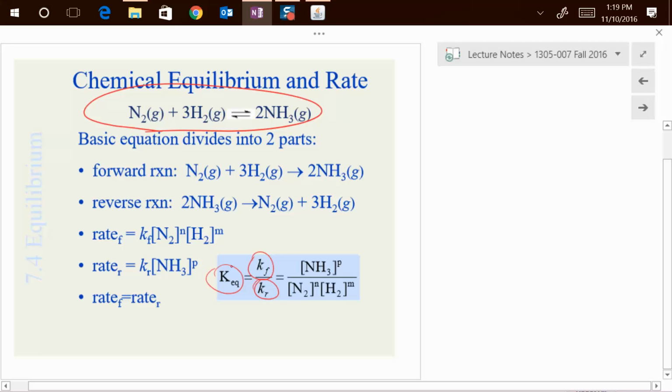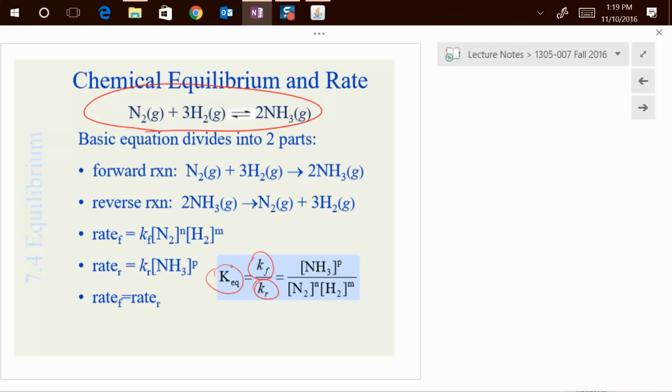So the forward reaction includes these. If I'm solving for KF, it would include those on the bottom there. If I'm solving for KR, it includes this on the top, and the ratio of them will give me my equilibrium constant.